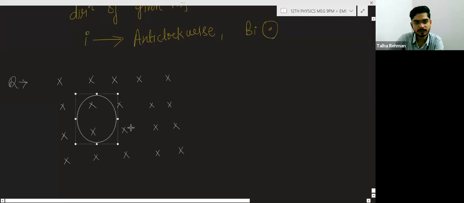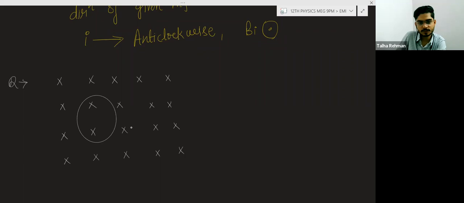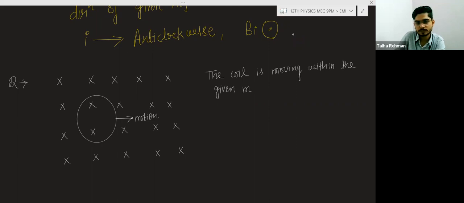This coil is moving within the given magnetic field.